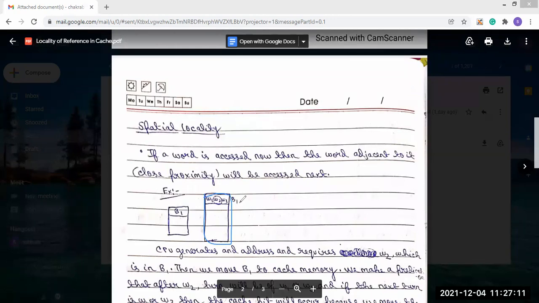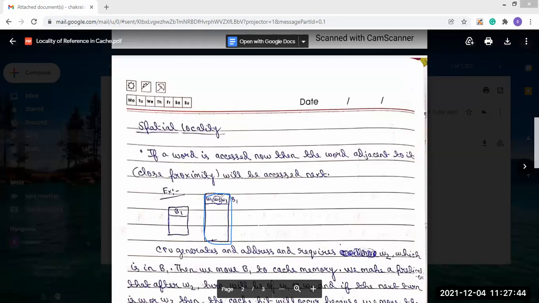Let's say block 1, B1, contains the 3 words W1, W2, W3. That means here we are assuming that each block can accommodate 3 words. Now the CPU generates an address and it requires word number 2.